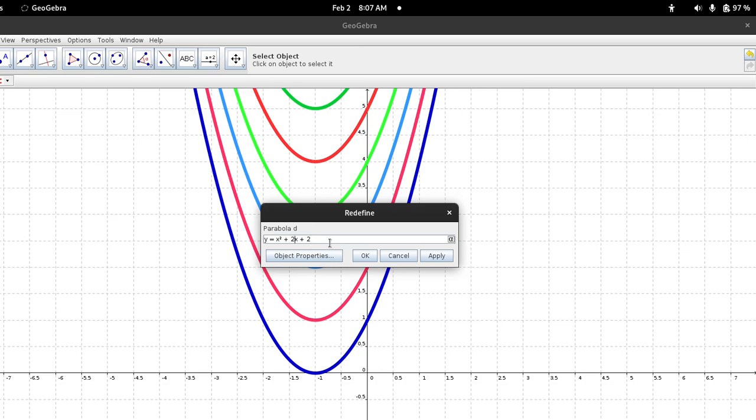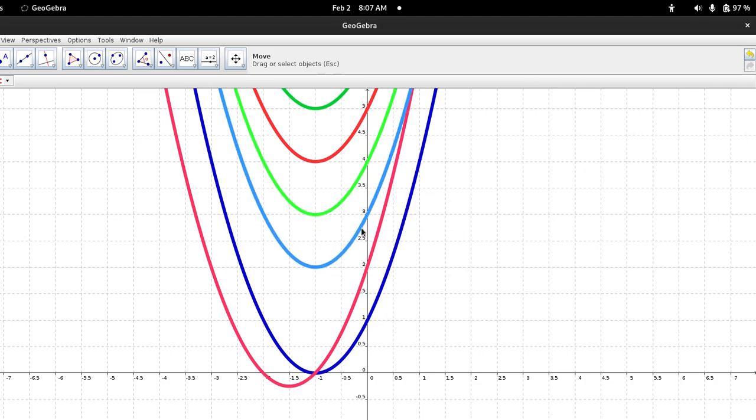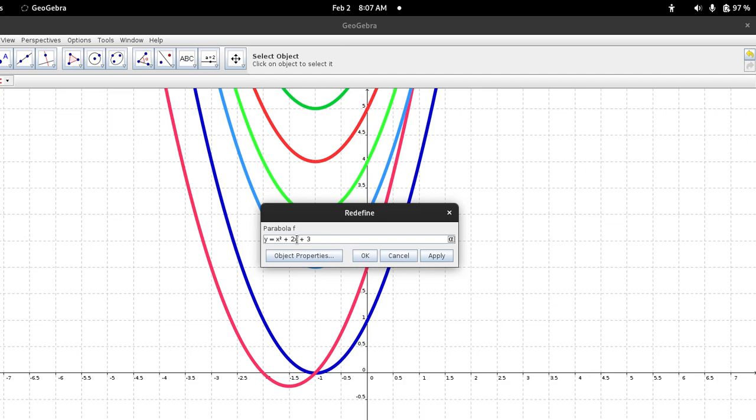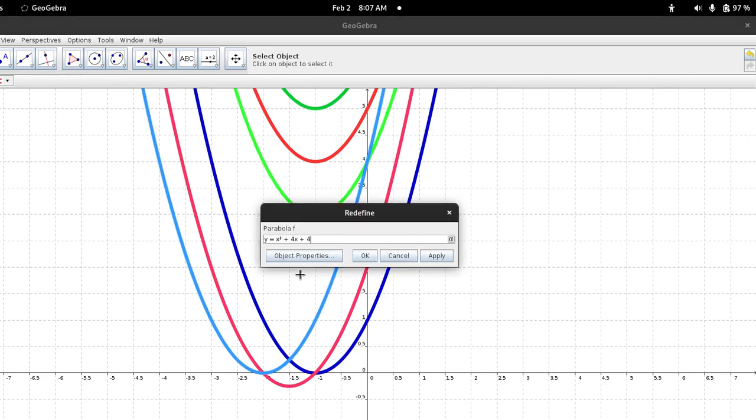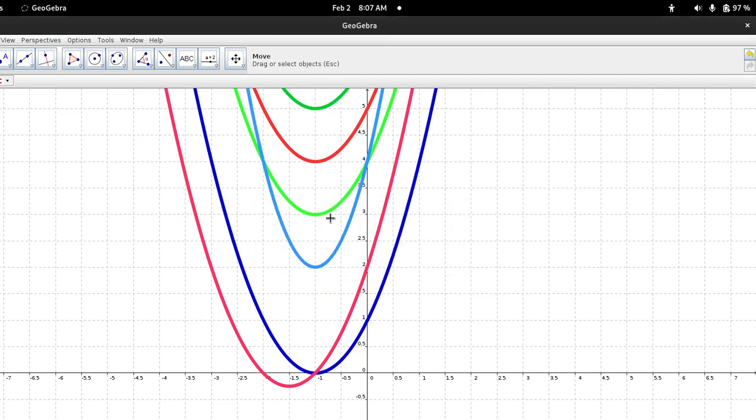But in this case, we use 3x and x squared plus 4x plus 4. Alright, so the only way to make them move away is to change two parameters. And if you make this 2x squared plus 4x plus 4, right, we have this situation.